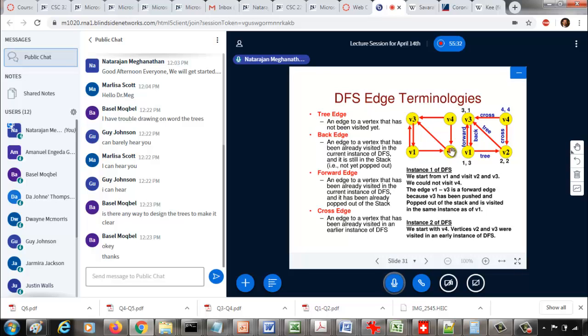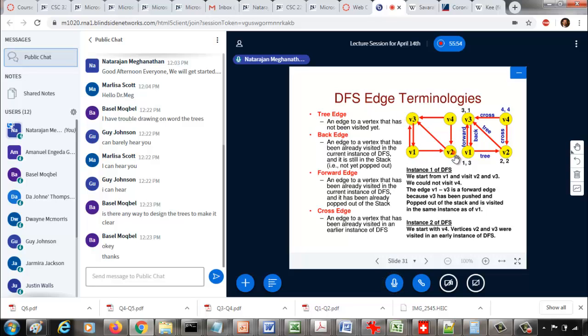Now V2 is a vertex that has already been visited, but not in the current instance of depth first search. In the current instance, you are just starting from V4 and you did not visit any other vertex. V2 was visited in an earlier instance of depth first search that started with V1, went to V2, then V3 and so on.